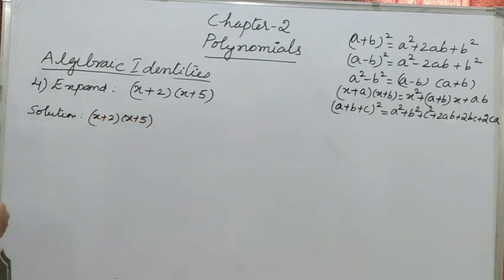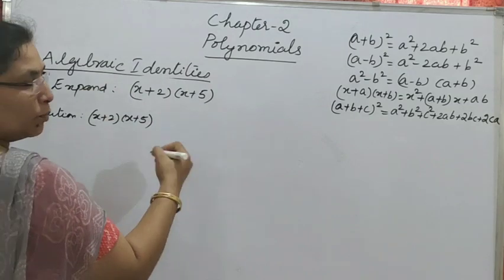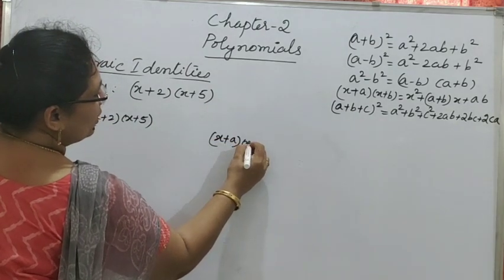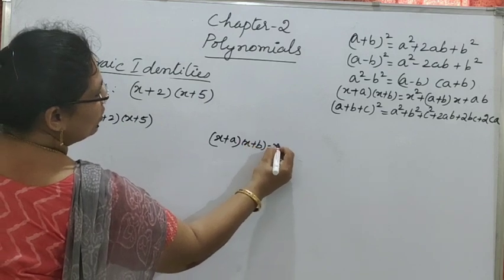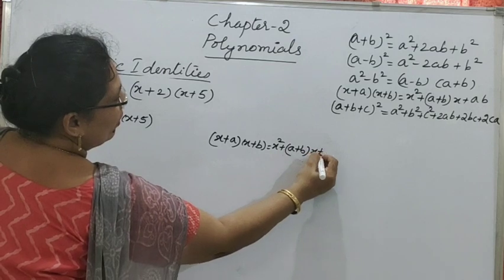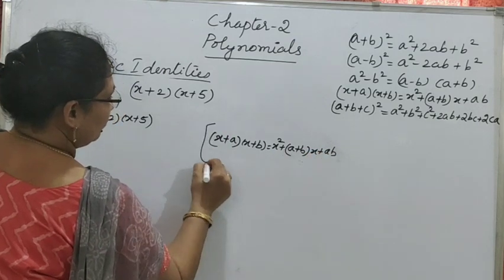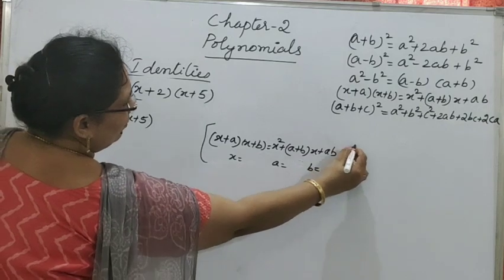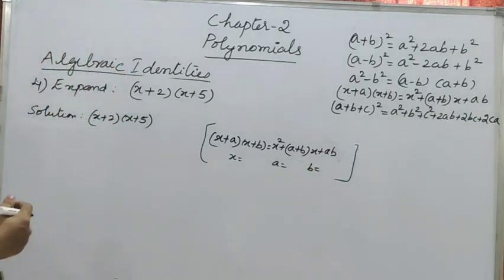Solution, question once again: (x plus 2) into (x plus 5). Now what is to be written on the right side? Which identity is to be selected? The identity is (x plus a) into (x plus b) equals x square plus (a plus b) into x plus ab. What is x? What is a? What is b? Because here 3 terms are coming, so 3 terms should be identified.